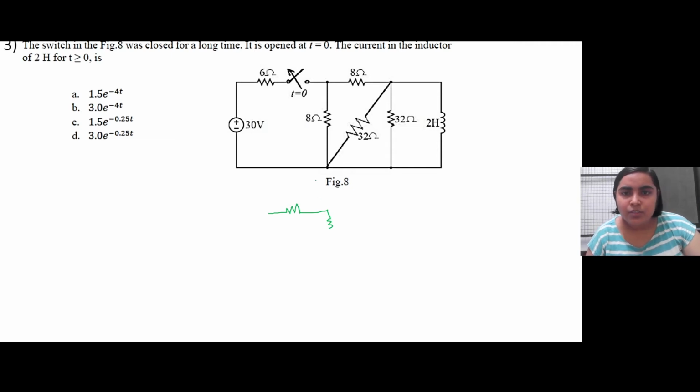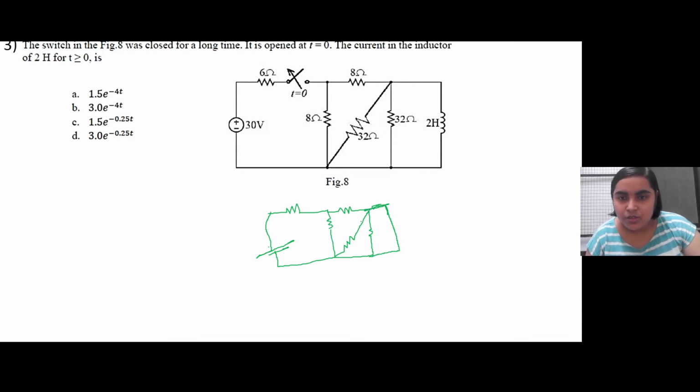So the circuit is now somewhat like this, right? And there is one inductor here. Since the circuit has been closed for a very long time, the inductor will act as a short circuit.